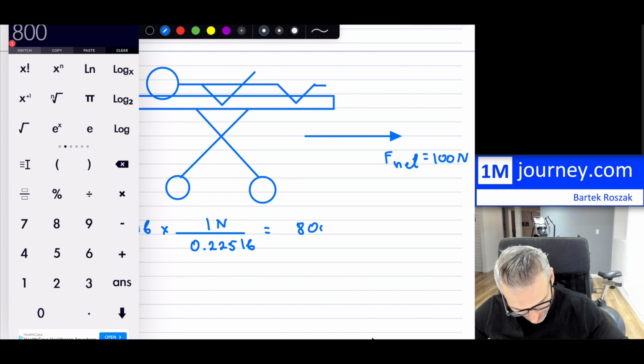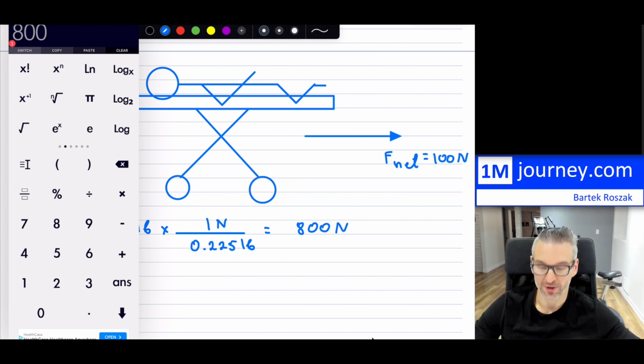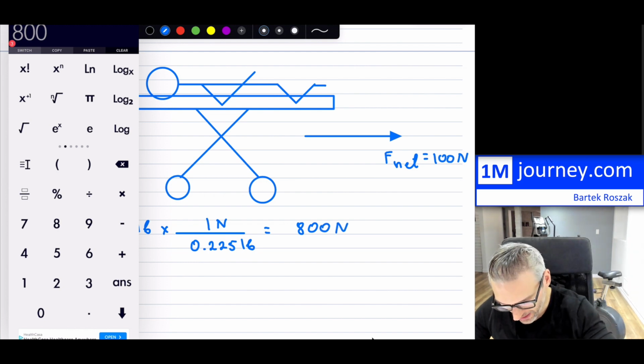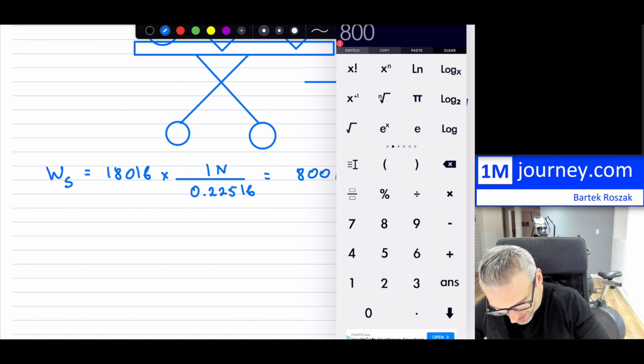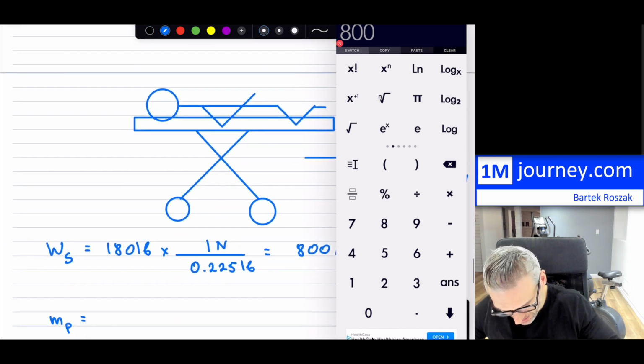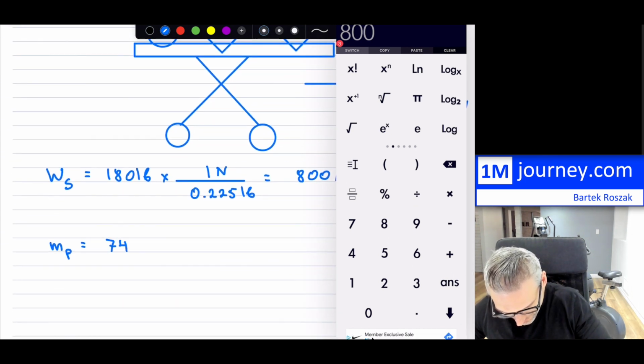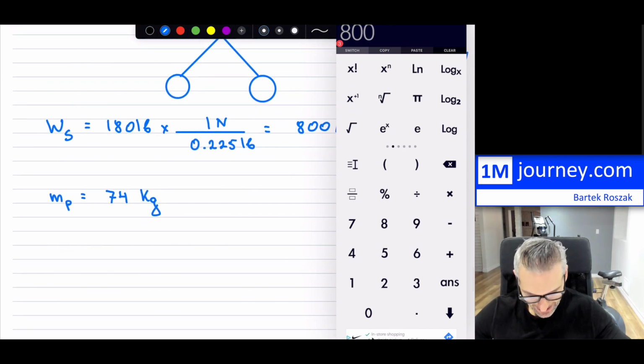So that's about 800 newtons of force that we have. That's from the stretcher itself. Now, this is the mass of the patient, P, which was given in kilograms, so 74 kilograms. All right, so we have that.